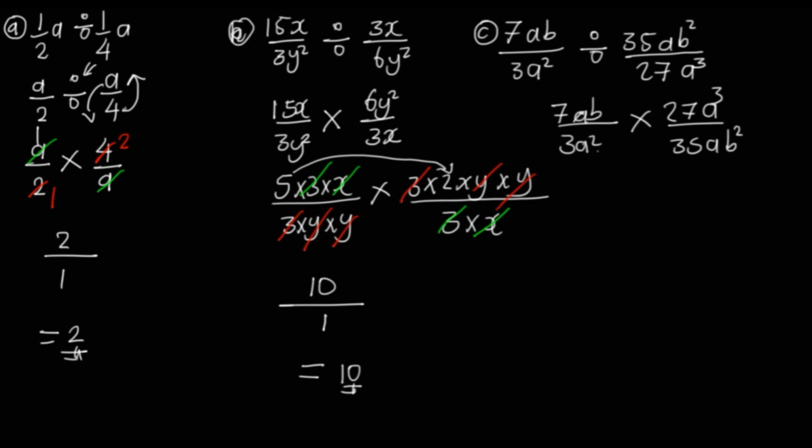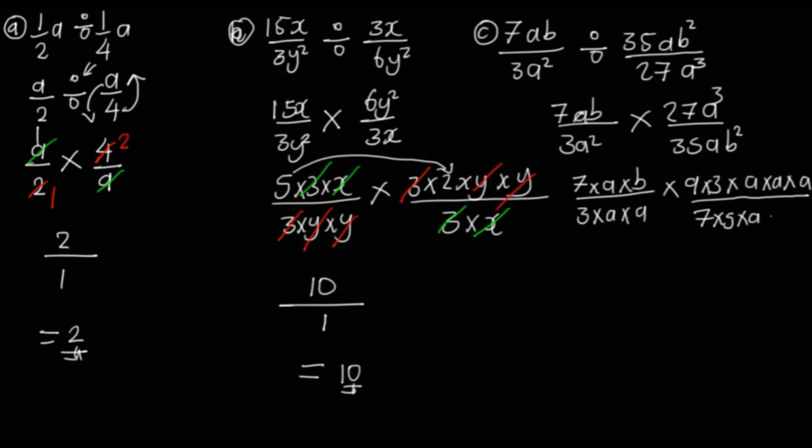From there, we are going to expand the usual way. So 7 times a times b over 3 times a times a. Then here 27 is 9 times 3 times a times a times a over 35, which is the same as 7 multiplied by 5 times a times b times b.